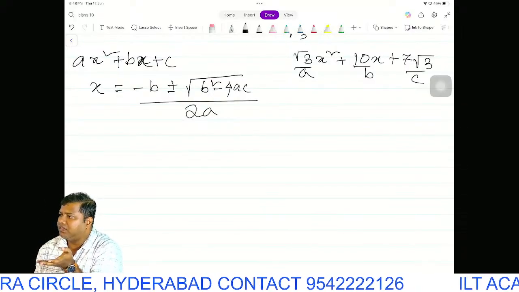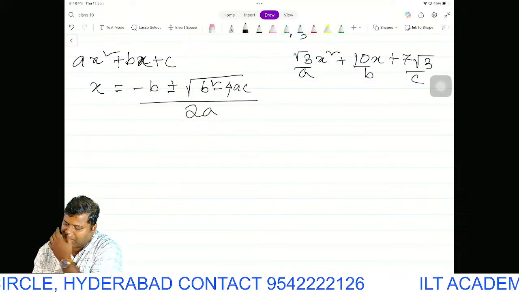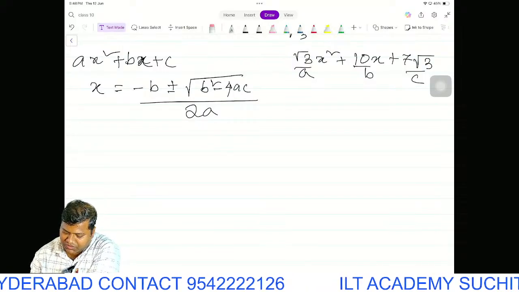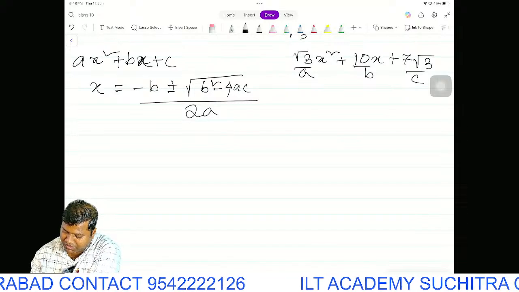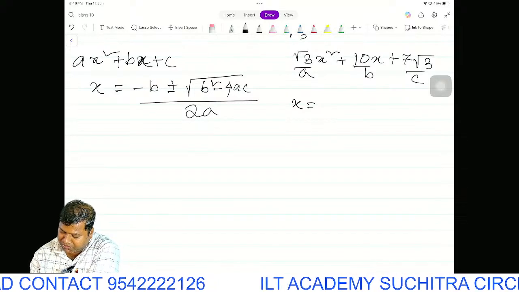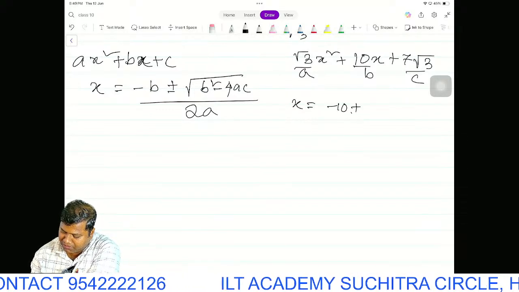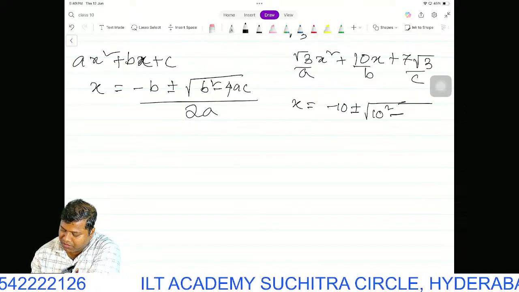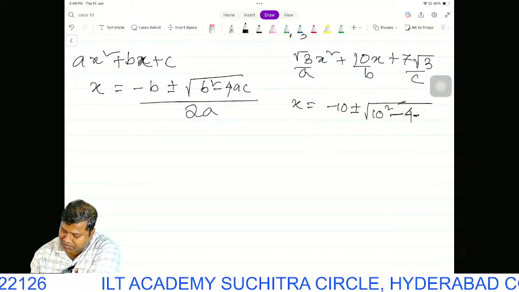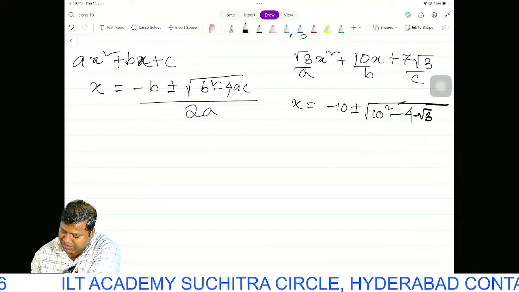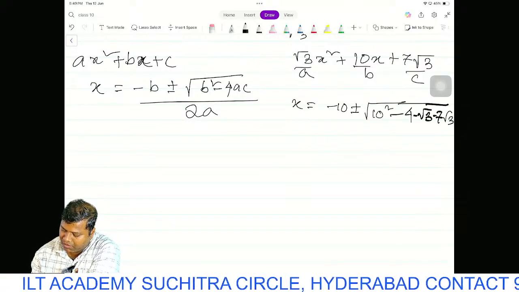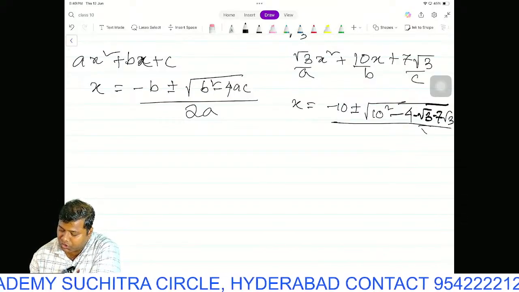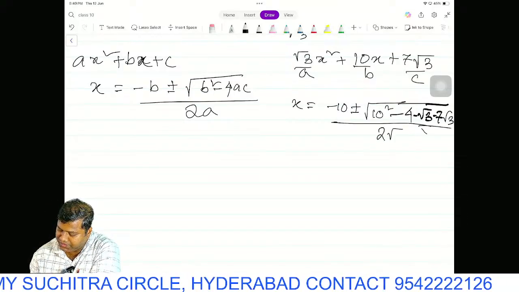Still I can solve the question. How? I will use this formula. So x will be minus b, which is minus 10, plus minus square root of b square, that is 10 square, minus 4 a into c, 7 root 3, divided by 2a, that is 2 root 3.